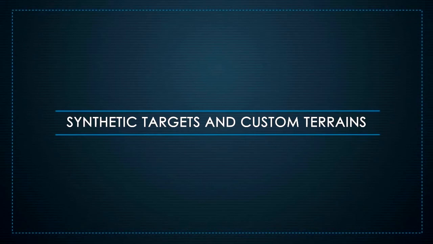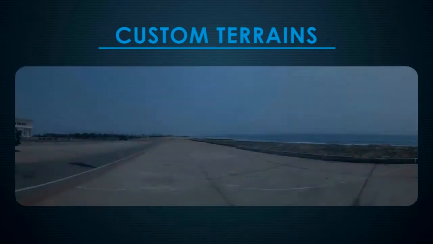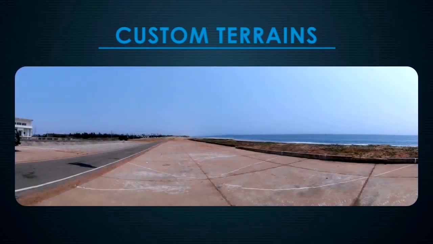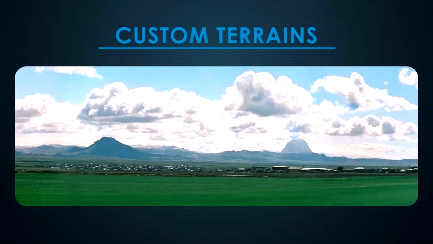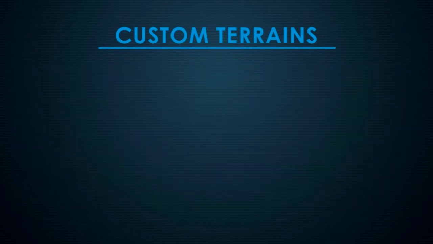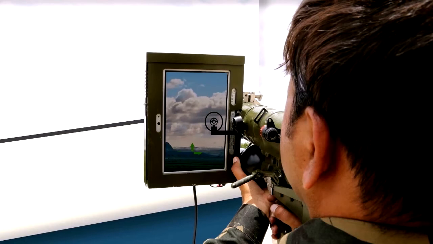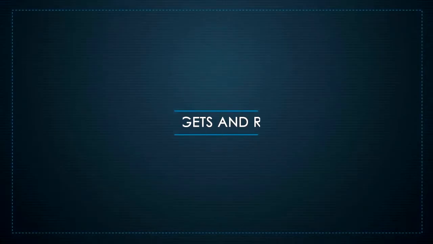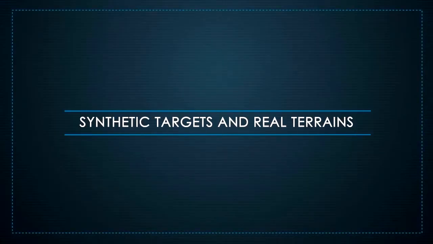Synthetic targets and custom terrain. In this mode you can feed any terrain as per the training requirements and carry out the engagement exercise. The engagement drill remains the same. Synthetic targets and real terrain.